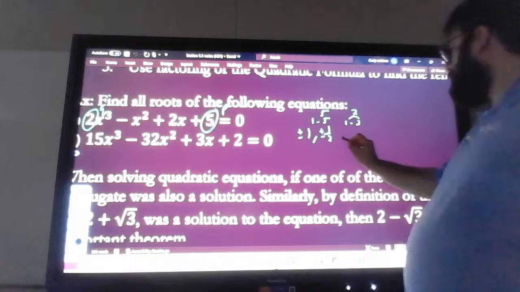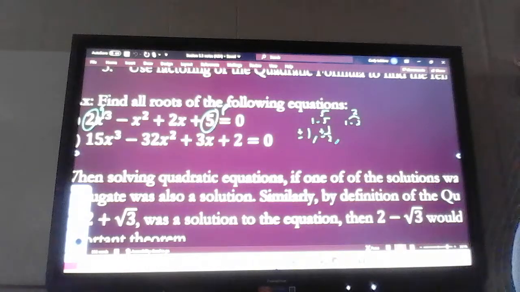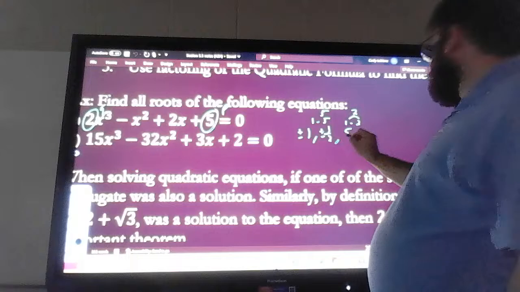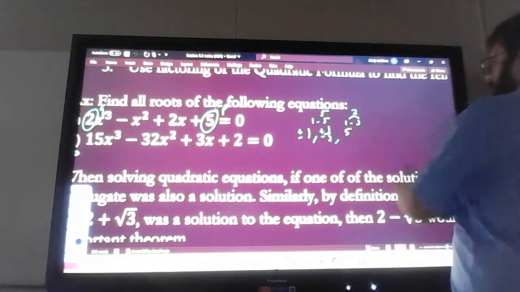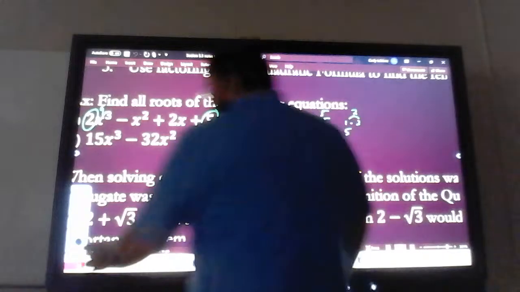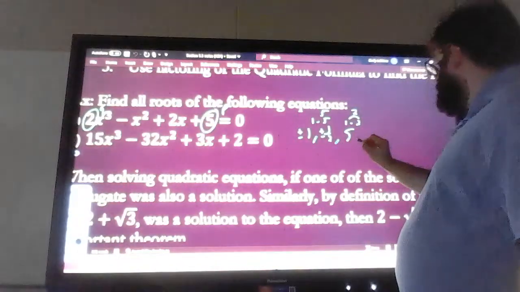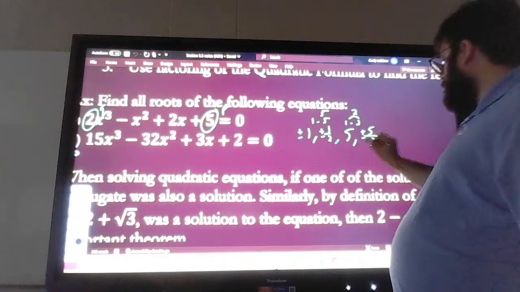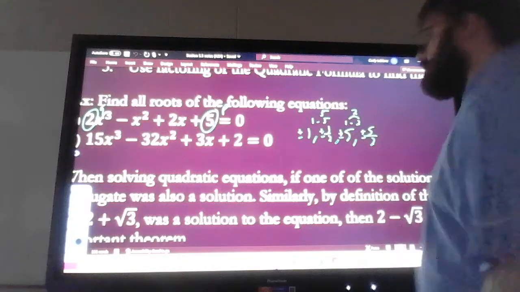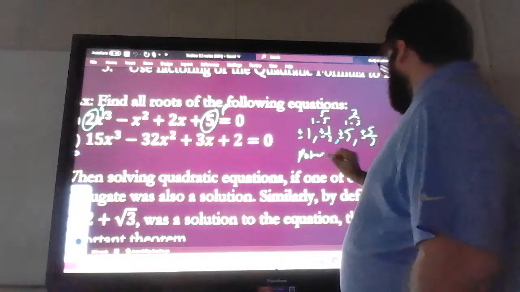Now let's say my p is 5. Then once again, my q could either be 1 or 2. So that's 5 over 1, or just 5, or 5 over 2. And once again, we have to remember plus or minus each time.